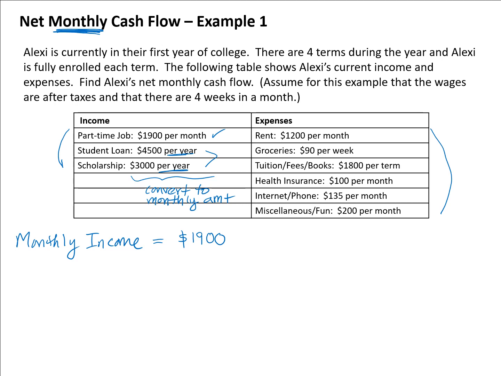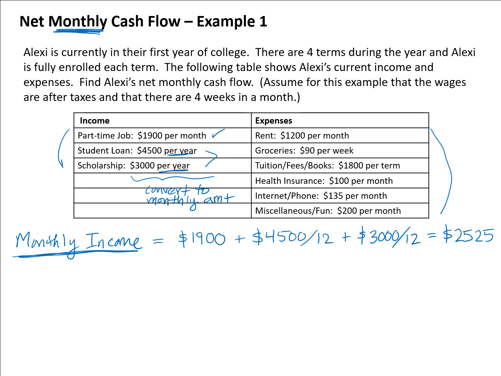So for each of these two, the student loans and the scholarships, I'm going to put the value for the year in, but then divide it by 12 to convert it to a monthly amount. So $4,500 divided by 12 plus $3,000 divided by 12 gives us $2,525 per month as Alexi's monthly income.